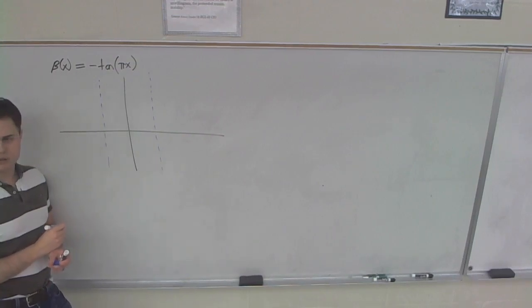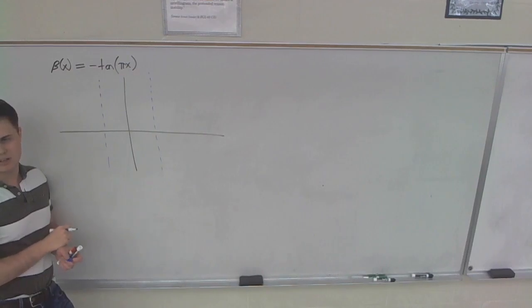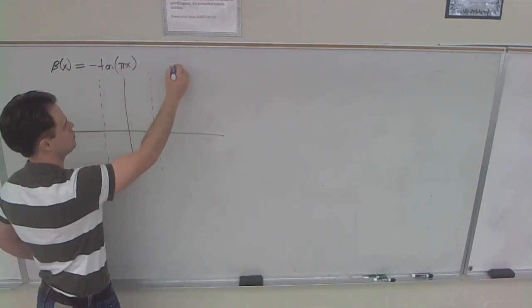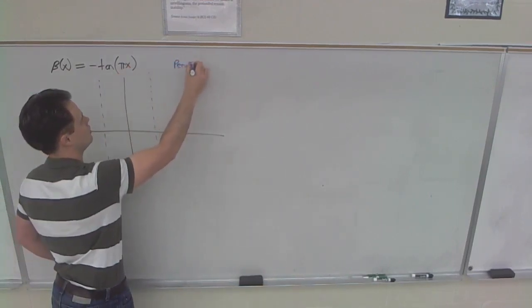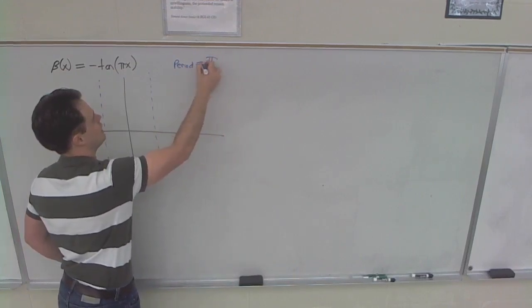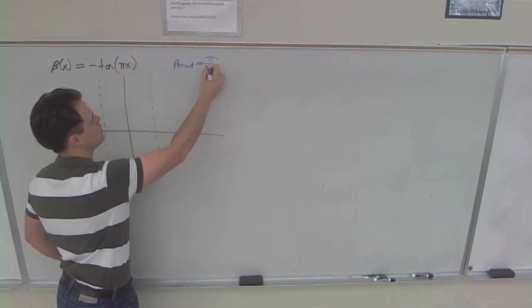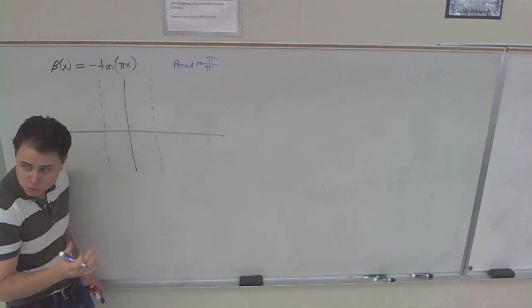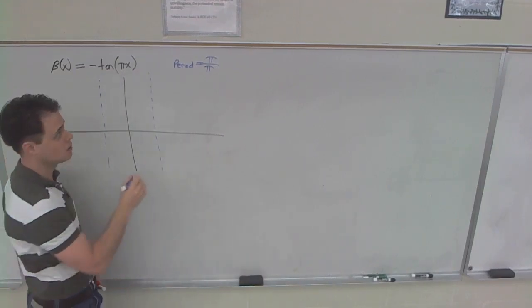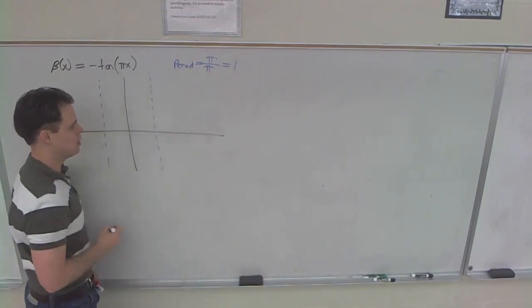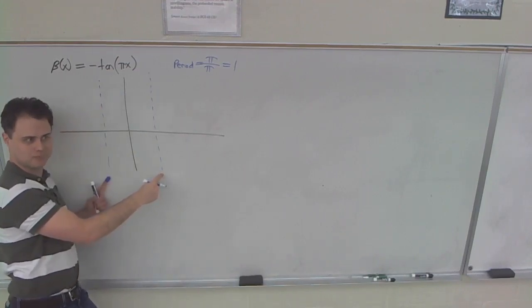And its period's not 2 pi, its period is pi, but this one's been changed, so we better write that down. This guy has a period transformation. What's its period? You start with pi, and you divide by the thing in here. Tangent always starts with pi, not 2 pi. It's tangent. So you guys are correct. The period is 1.